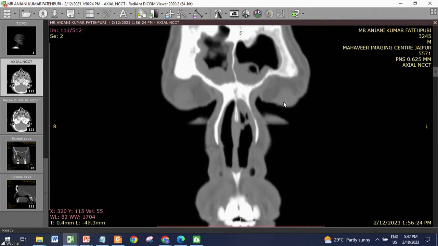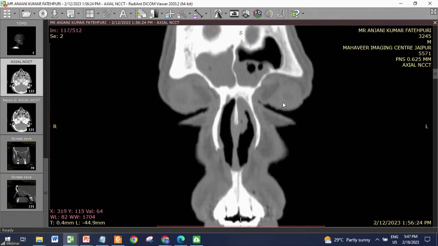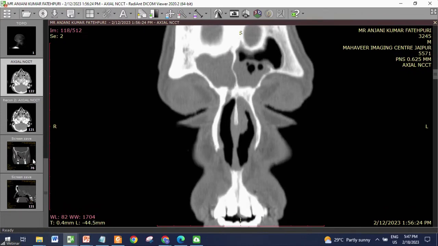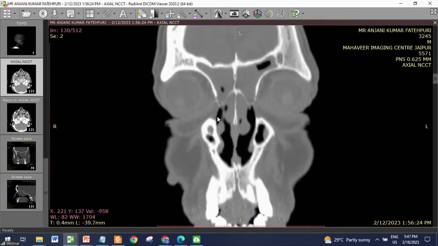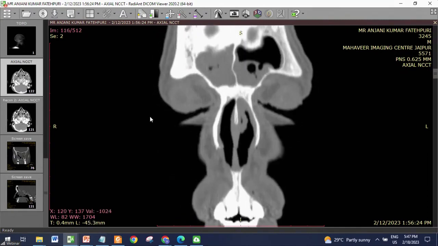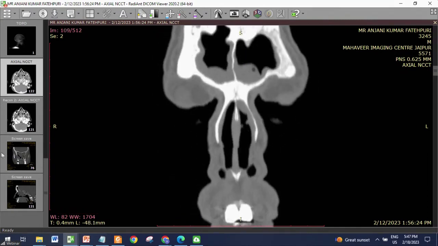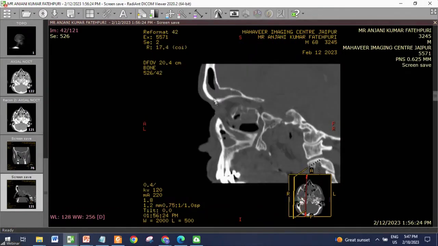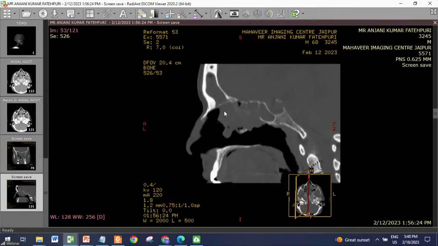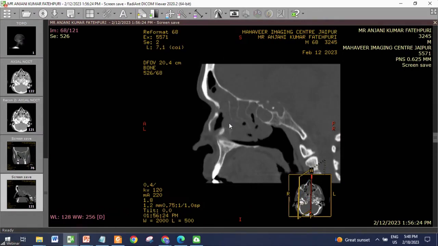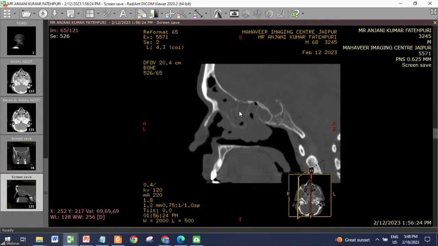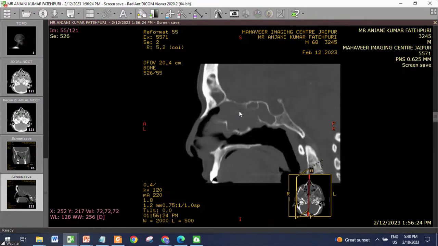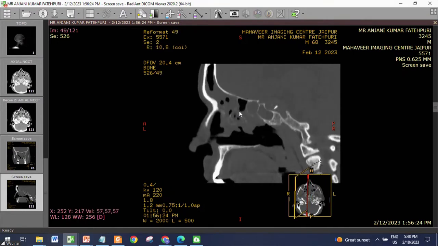See, adhesions will form if you don't correct the turbinate and septum. When your opposing surfaces are close by, then only adhesions can happen. Sir, do you use any antibiotic or steroid solution to moisten the Merocel? Yes, steroid-soaked Merocel. What is the steroid concentration you use to soak the Merocel, sir?